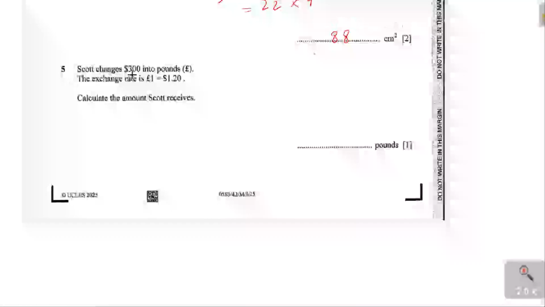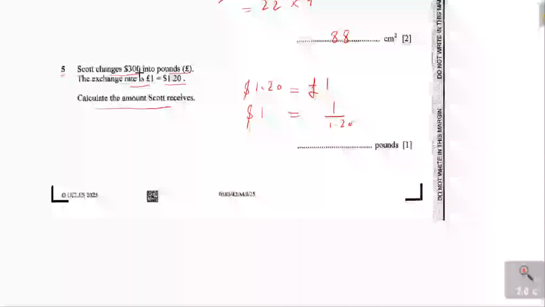Next question number 5. Scott changes $300 into pounds. Exchange rate: 1 pound equals $1.2. Calculate the amount Scott received. Look here, $1.2 equals 1 pound, and $1 will be equal to 1 over 1.2 pounds per dollar, and we have to calculate $300.